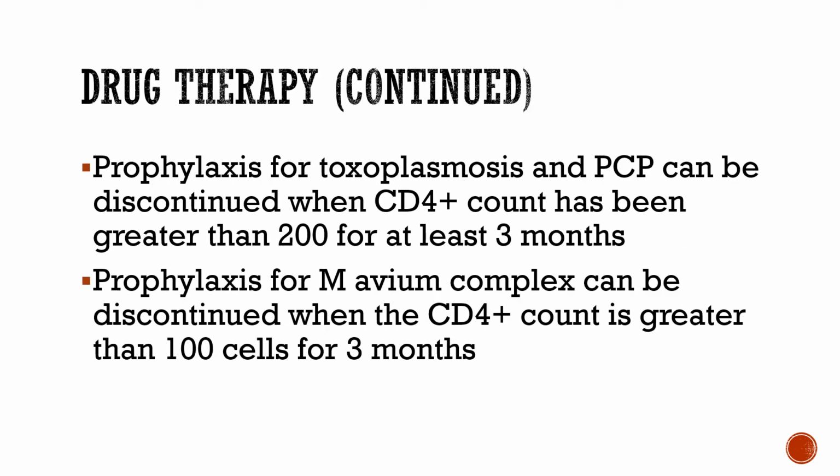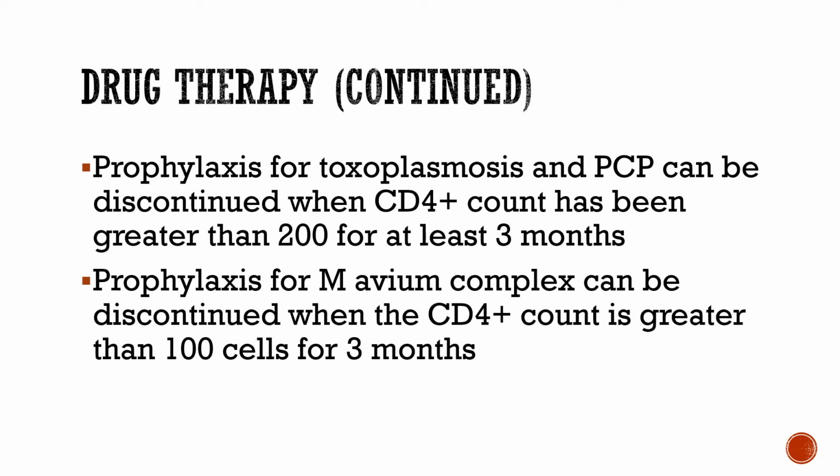So prophylaxis for toxoplasmosis and PCP can be discontinued when the CD4 count has been greater than 200 for at least 3 months. So if they are being treated prophylactically for toxoplasmosis and PCP, they cannot begin their antiretroviral medications, their ART medications, until that CD4 count comes up.